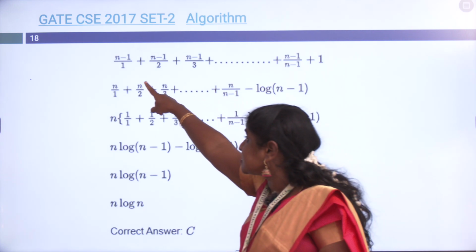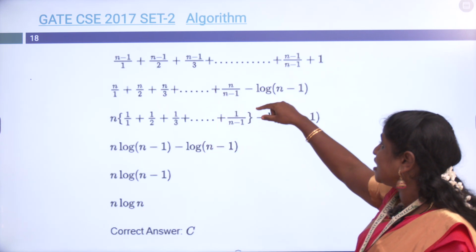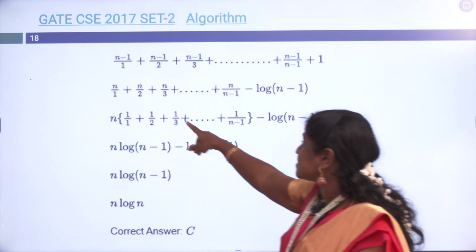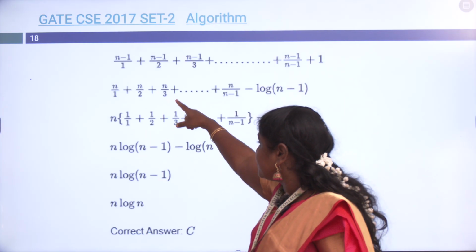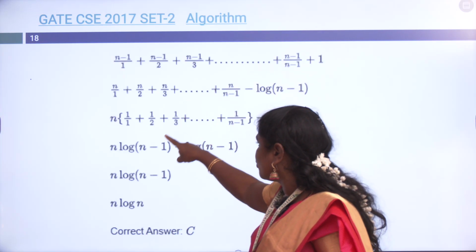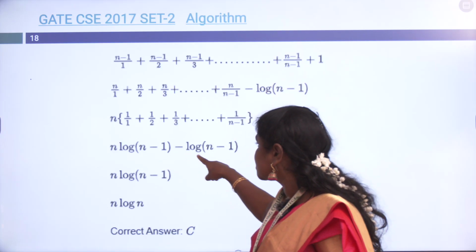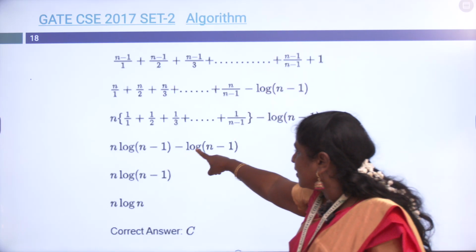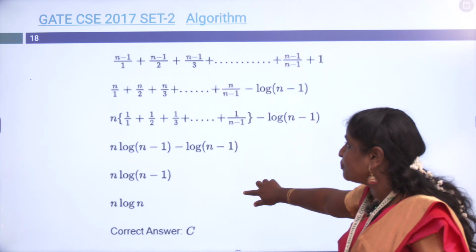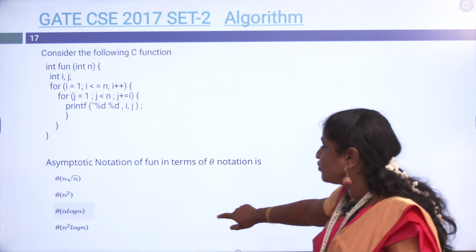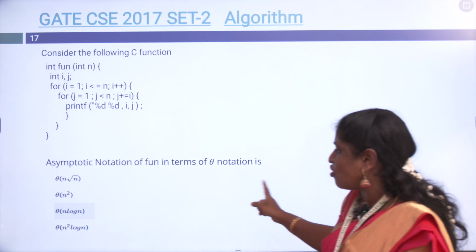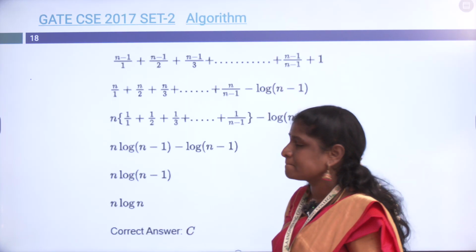The first iteration is n minus 1 by 1 plus n minus 1 by 2 plus n minus 1 by 3 down to 1, and next is n by 1. From this series we get n log n. To compute this problem we take the theta notation. Theta is the tight notation of n log n.